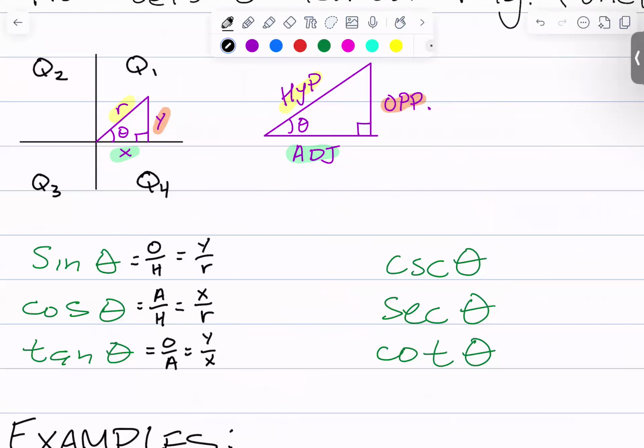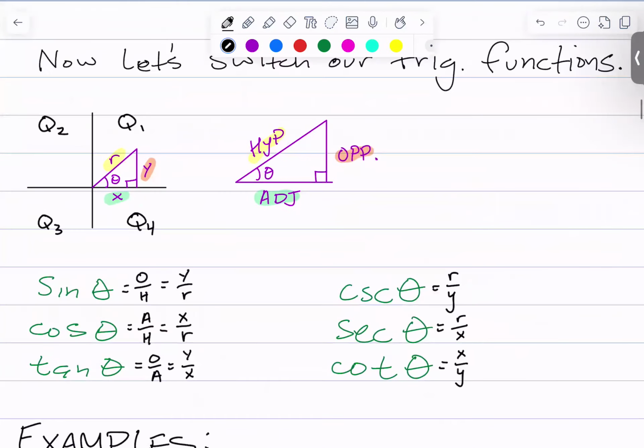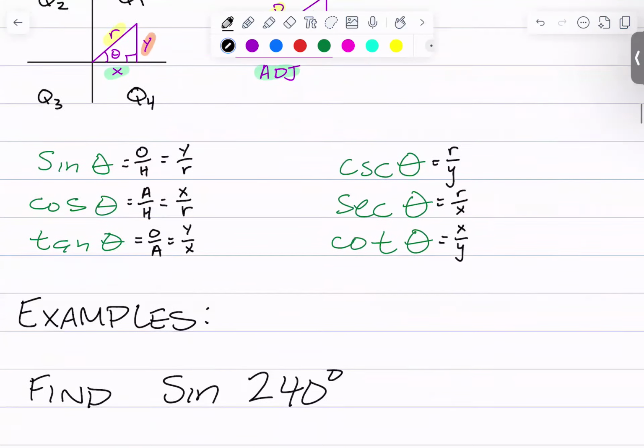Okay, we're just switching the labeling. All right, that's all we're doing. Cosecant now is the reciprocal of sine. Secant is the reciprocal of cosine. Cotangent is the reciprocal of tangent. All right, just flipping sine, cosine, and tangent, right? Or taking the reciprocal of that. Okay.